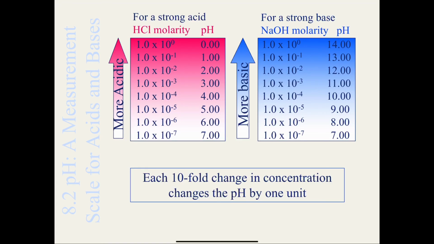Another way to say this would be, if I'm decreasing the pH by 1 pH unit, I'm increasing the concentration by tenfold. So let's say you're going from a pH of 6 to 4. What are you doing in terms of concentration? Well, you're increasing the concentration tenfold here and tenfold here. So overall, you're going to have a concentration that's 100 times stronger.